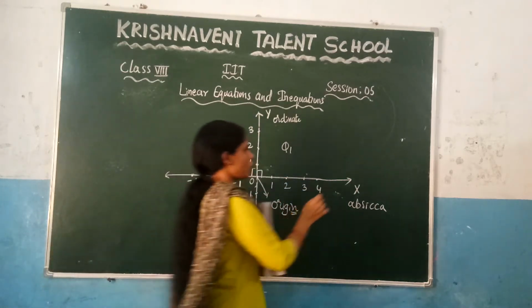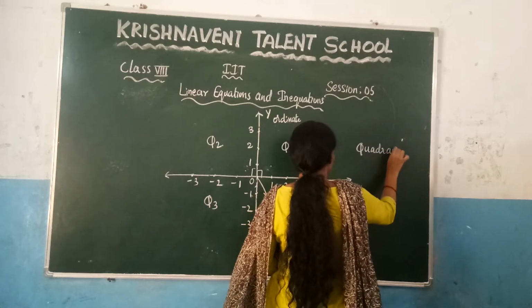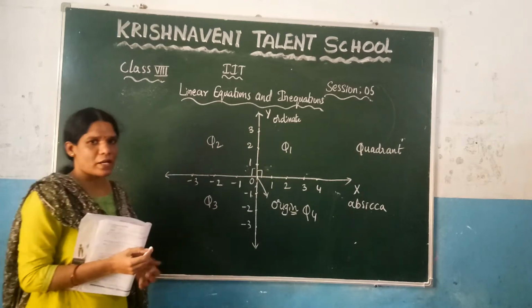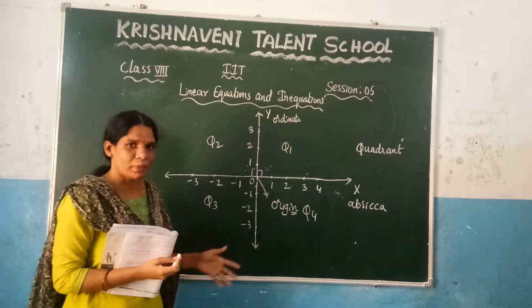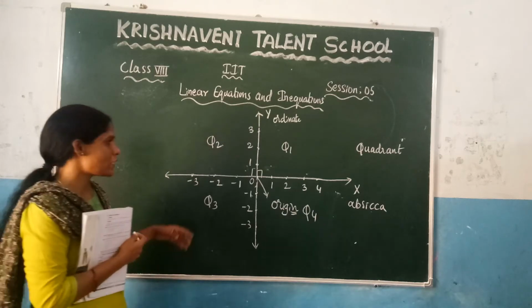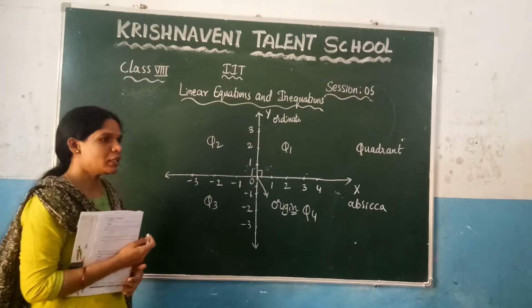So a quadrant is nothing but one of the 4 parts.